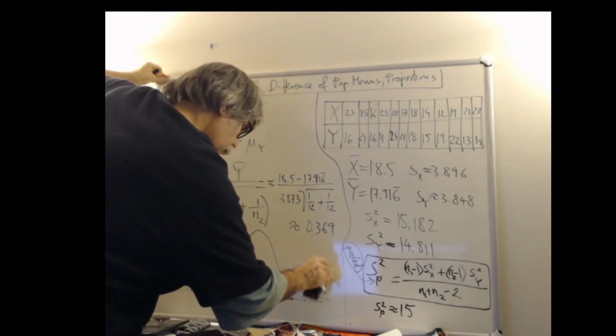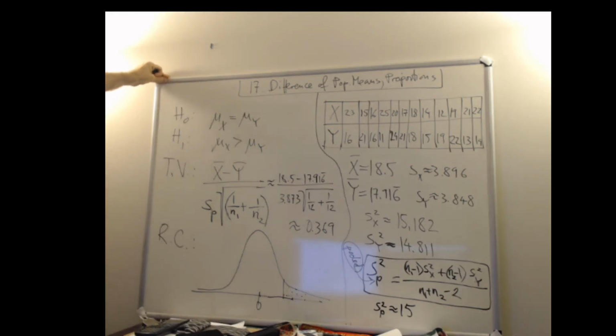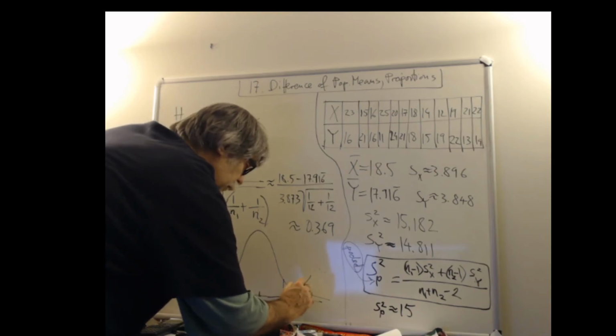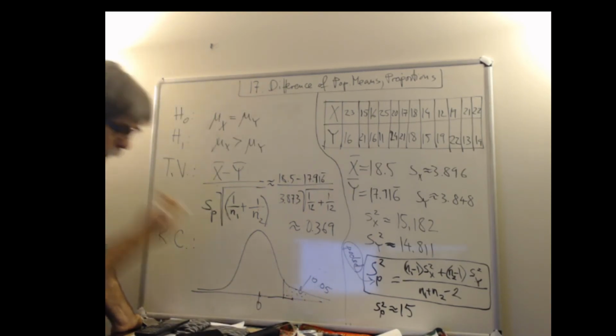Okay. Once again, I'm going to use a T. This is a T test, T curve. Once again, I'm going to use 5%. If you don't like that, use something else. But I'm going to use 5% level of significance, which means this is going to be, again, 0.45. And I need now this number here.